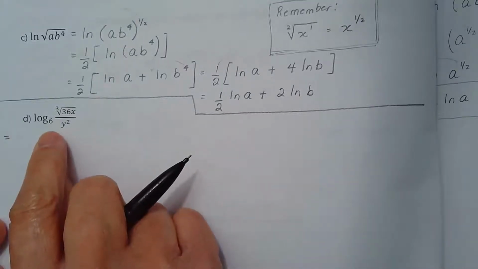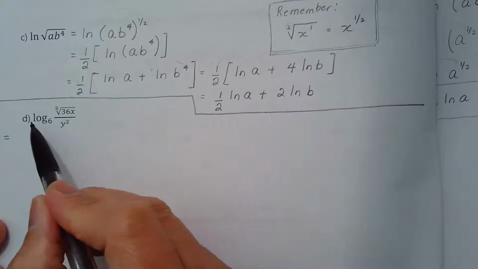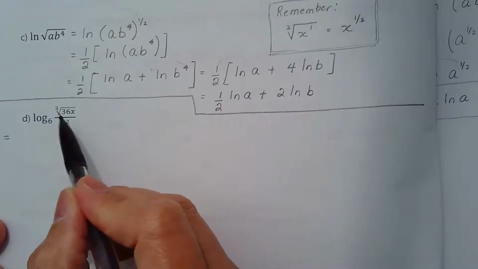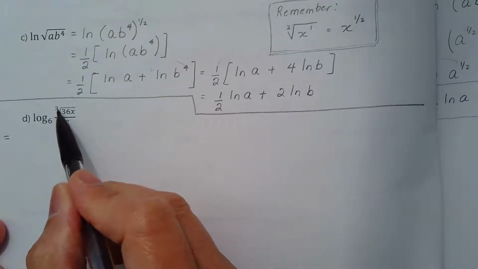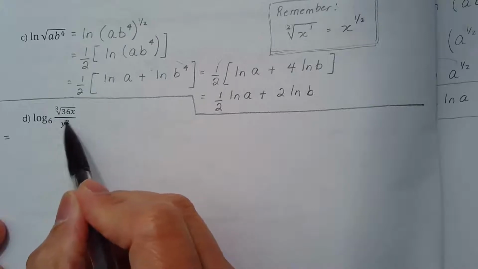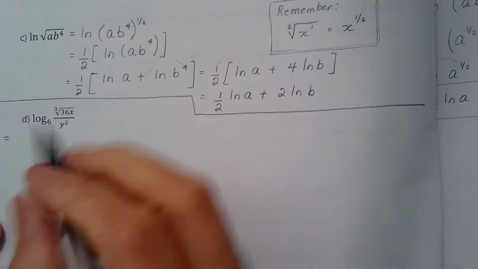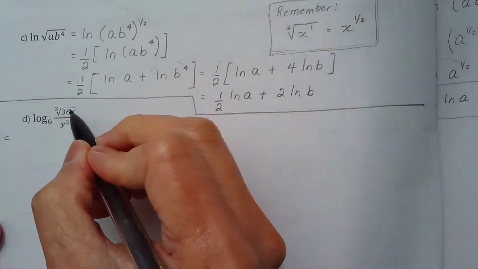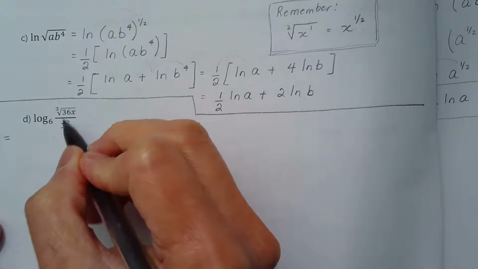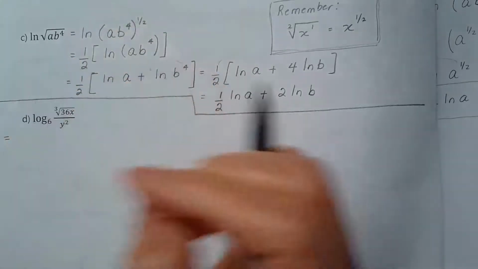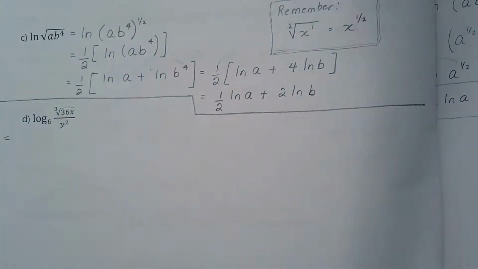So this one here, I have log of cube root of 36x divided by y squared, base 6. Okay, so how can we do this first? Well, because these two are being divided, we can split it up into subtracting two logarithms.